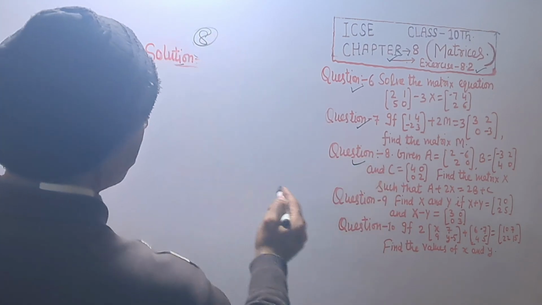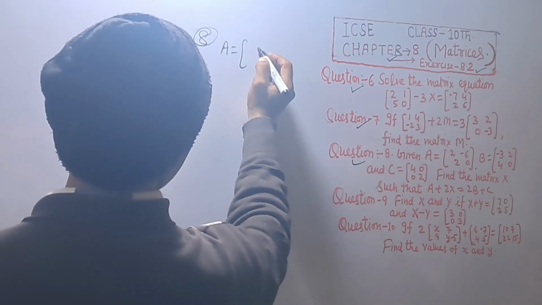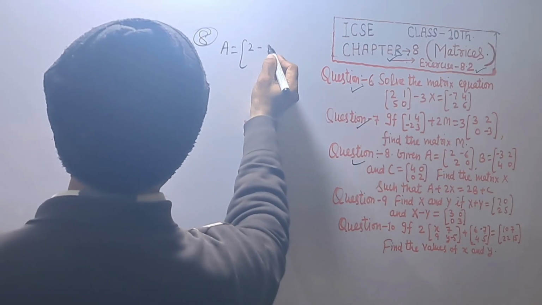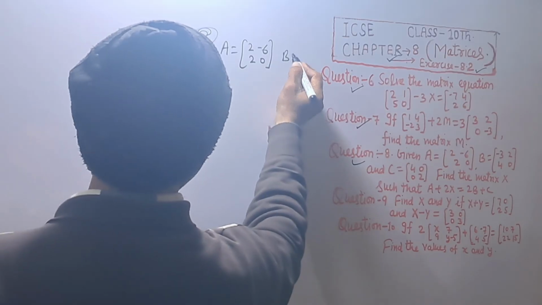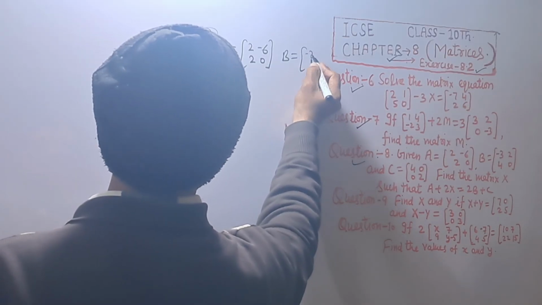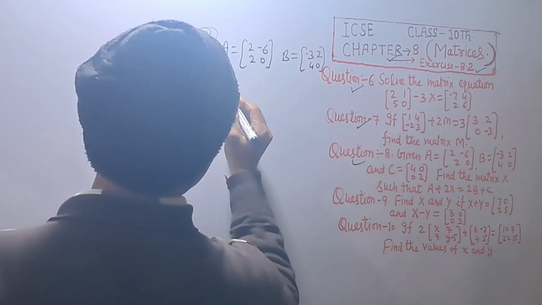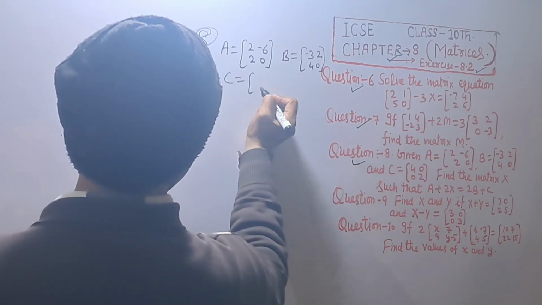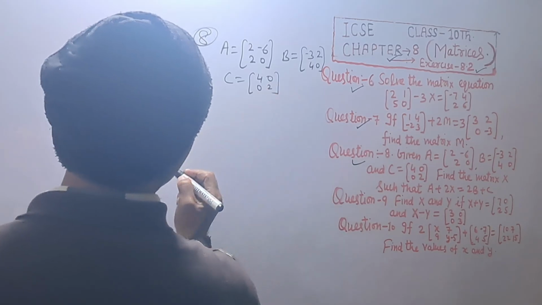Question number 8. Given A is equal to [2, -6; 2, 0], and B is equal to [-3, 2; 4, 0], C is equal to [4, 0; 0, 2].